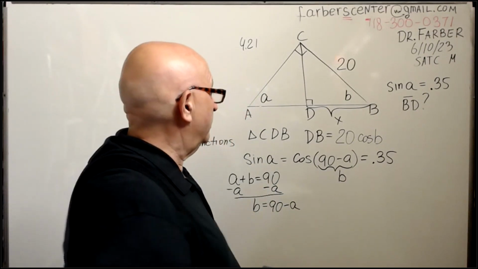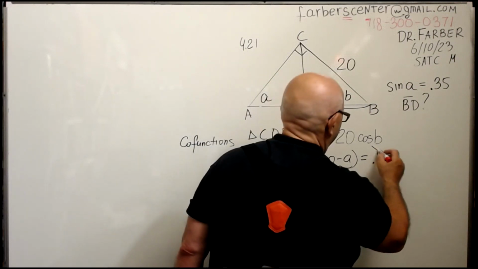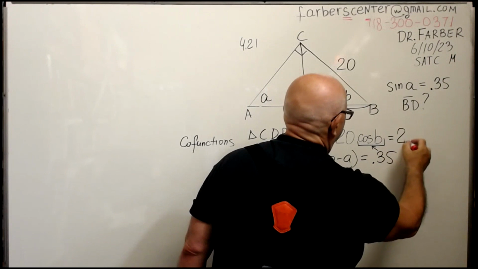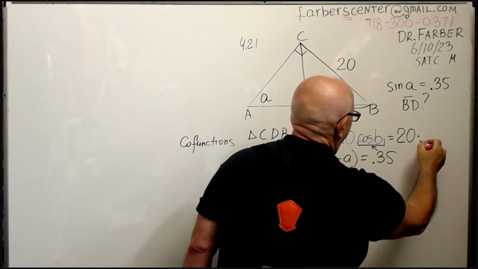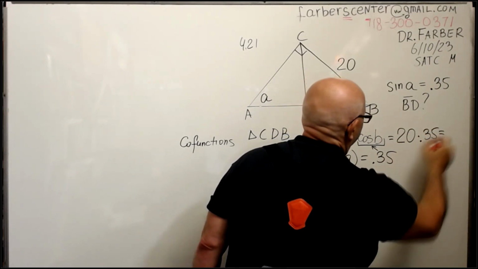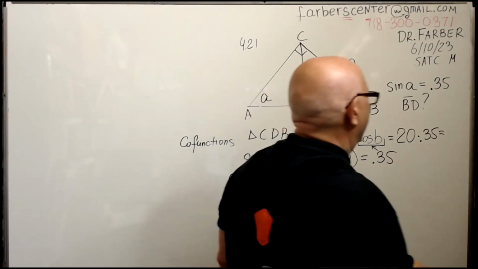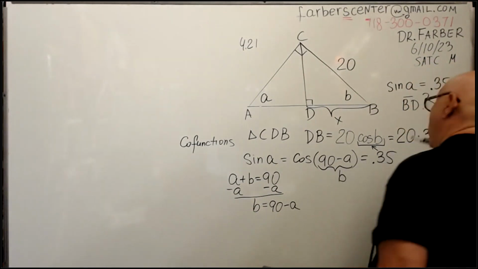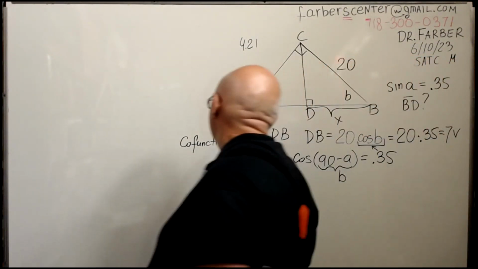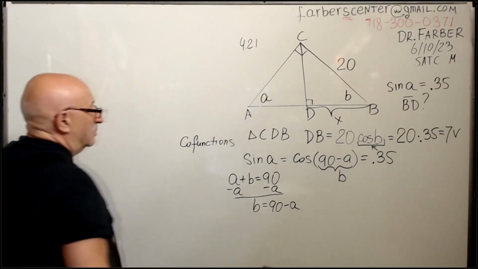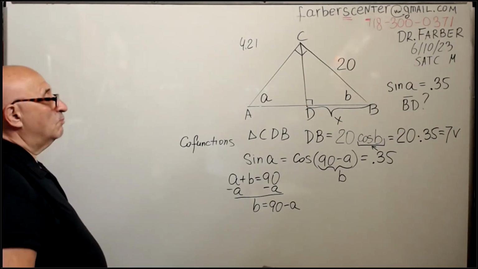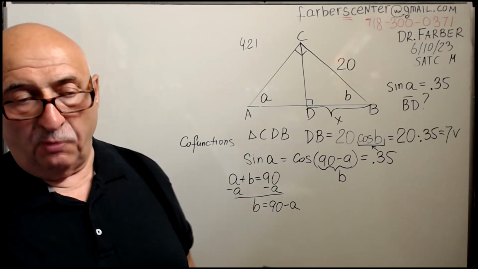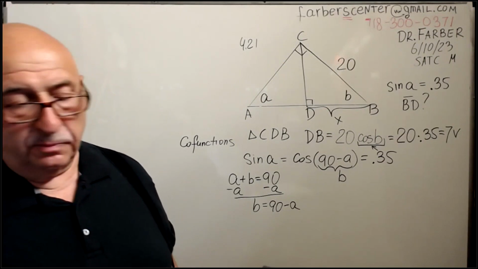And the very last step, plug in this over there, equals 20 times 0.35. So the multiplier is supposed to get 7. We understand this 100%. Property of cofunctions.